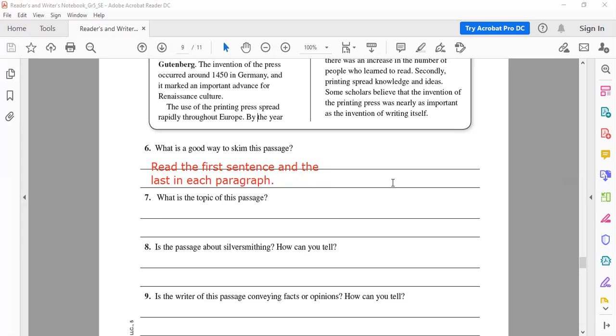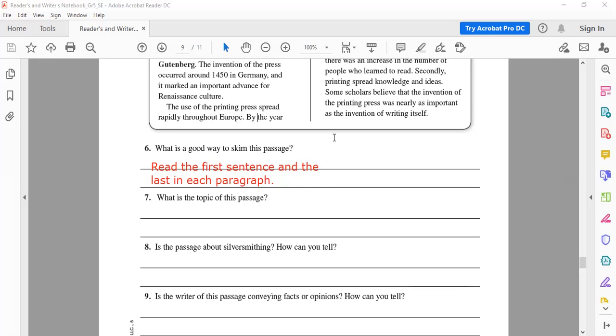Okay, what is the topic of this passage? What do you think the topic of this passage is? Yani, what is it talking about? What is the theme of this passage? Printing. Okay, you're so close.